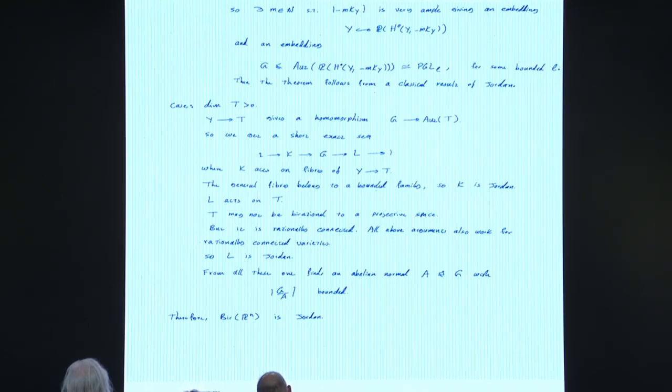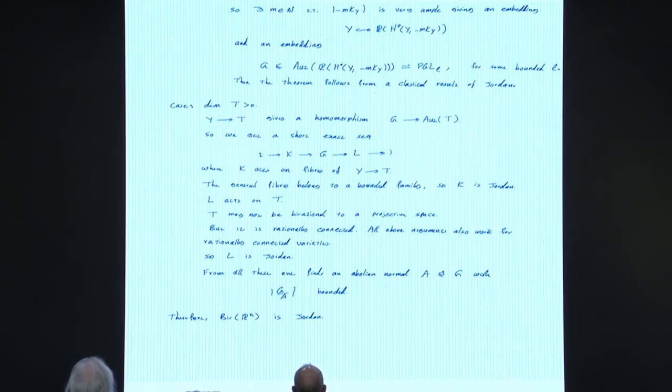In particular, we can find a fixed natural number m such that minus m times the canonical bundle will be a very ample line bundle, and that will give you an embedding of Y into the projective space of the vector space, which is a space of sections of minus mK.